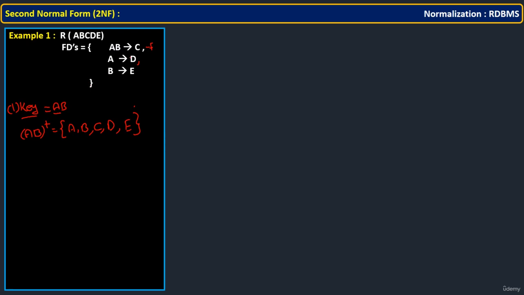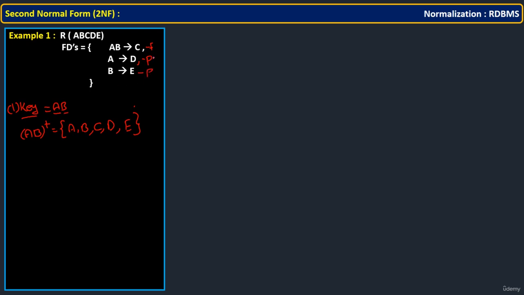But D, a non-key attribute, is dependent on the prime attribute A, not the complete primary key. So this is a partial functional dependency. And here also, non-key attribute E is dependent on B, so this is also a partial functional dependency.